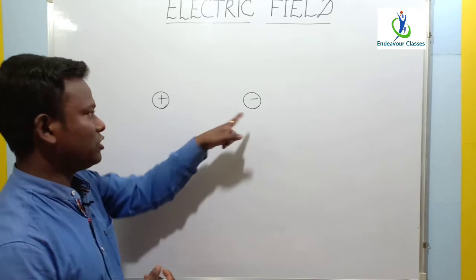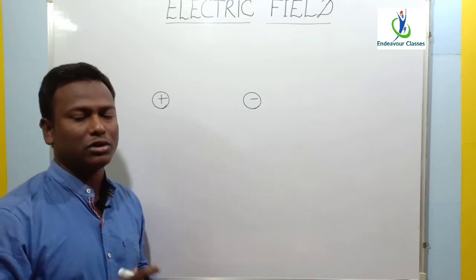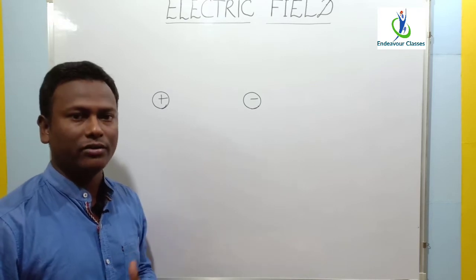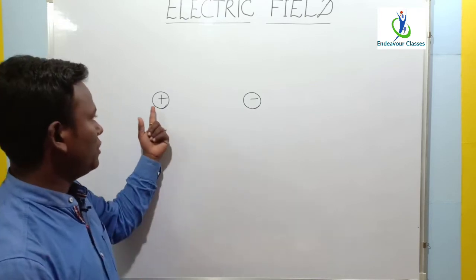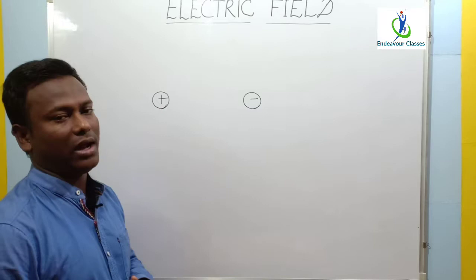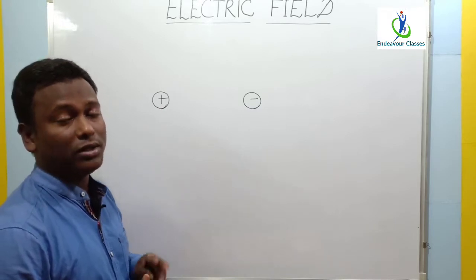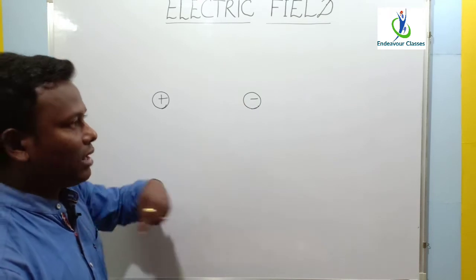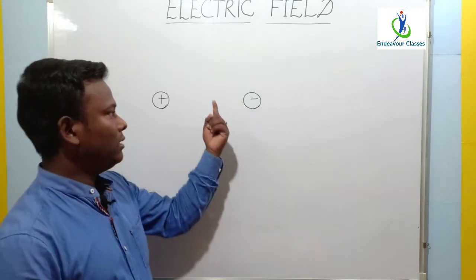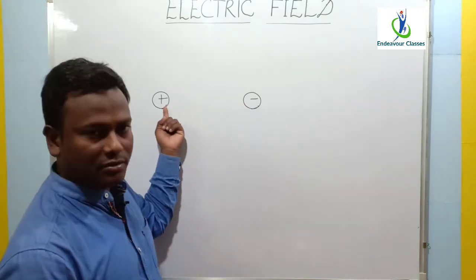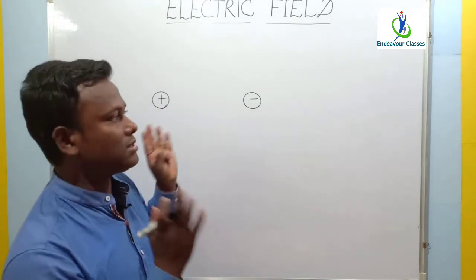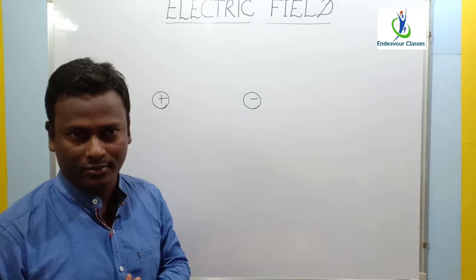The force between the positive and negative charge is electrostatic, and the electrostatic force is one example of a non-contact force. Now another thing is that this positive charge will attract the negative charge within a certain range only.